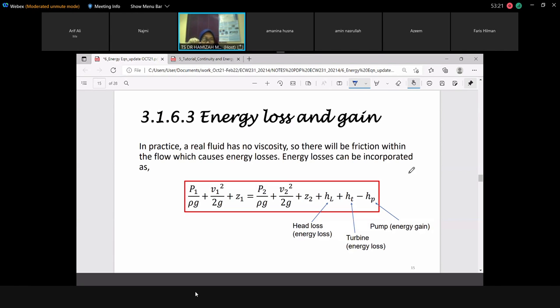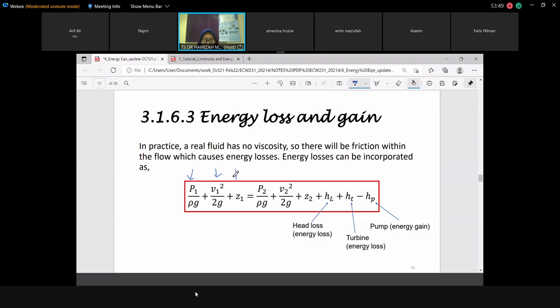So here, tadi saya mention dia tak ada energy losses and energy gain. Okay, that is for macam ni. Dia kena ikut condition juga. Kadang-kadang soalan dia akan bagi juga energy losses. Okay, what means by that one? Energy losses ni, maksud yang tadi, energy losses dia tak berlaku dekat setiap part.